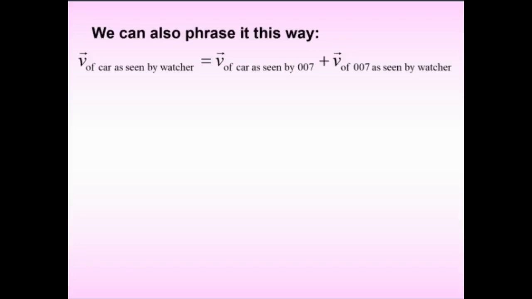Or how does the watcher, guy in white, see 007 move? Raise your hand. Ali? Sorry, 5 meters per second east. East or west? West. There you go.